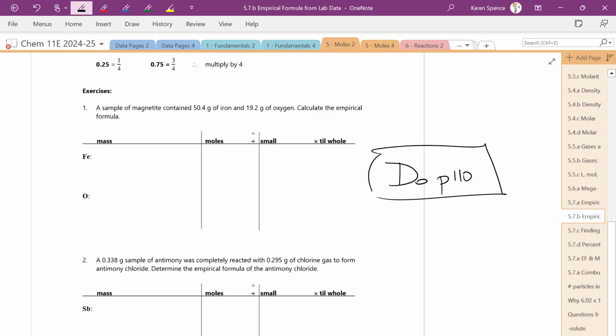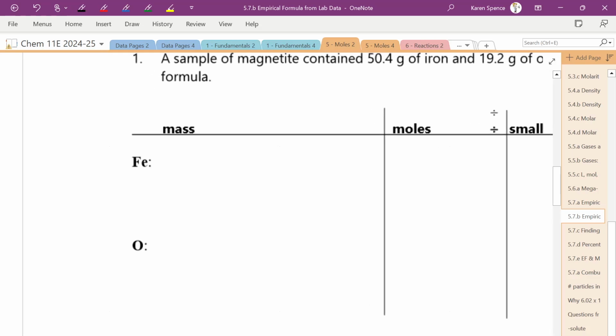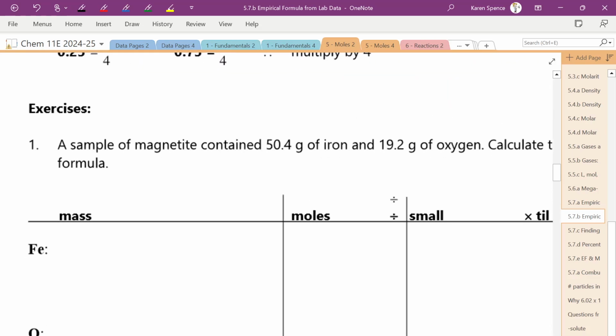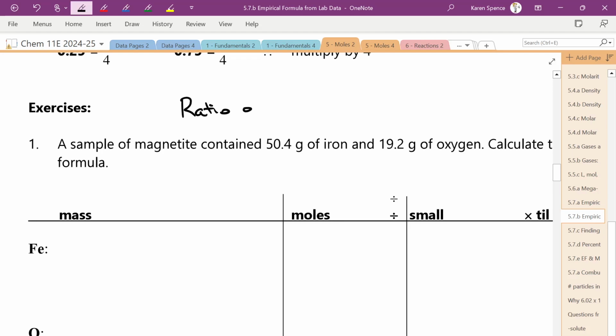We just had a good question that might cause other people confusion, so I'll just mention it. And it's all about our diatomics. When we're finding the empirical formula, we want the ratio of atoms, right? We don't want a ratio of molecules.